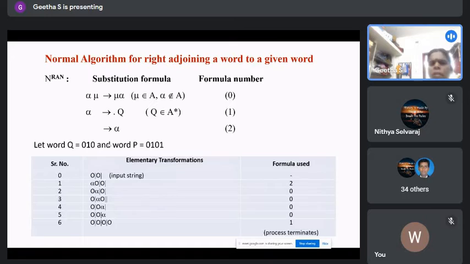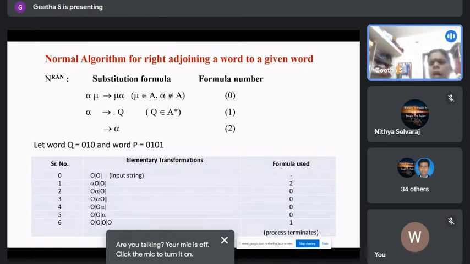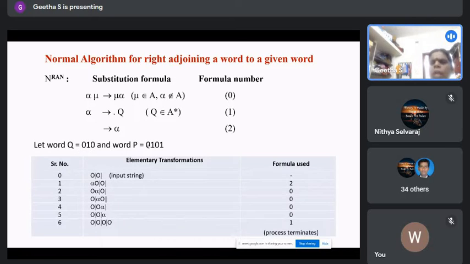First of all, we have to take two words. One word is 0, 1, 0. Then take any other word, say 0, 1, 1 or 1, 0, 1. Whatever it is, you use it as the word Q. So I am using Q equal to 0, 1, 0 and word P equal to 0, 1, 0, 1.